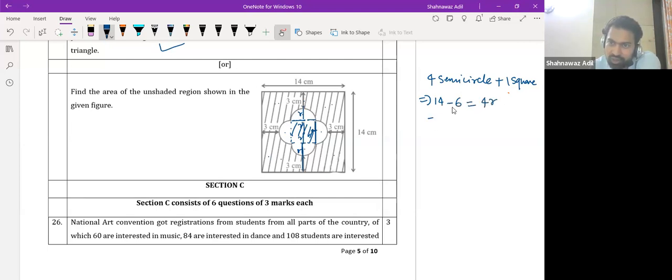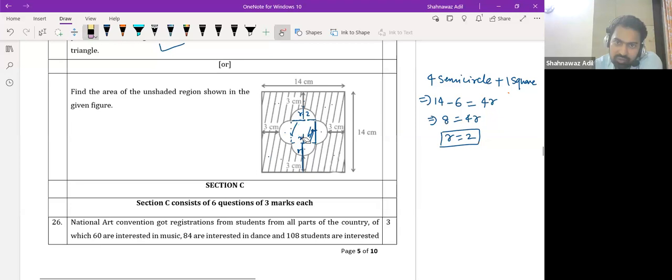So 8 is equal to 4R. So R is 2, right? So this is 2, this is 2. So this is 4 and this is 2.